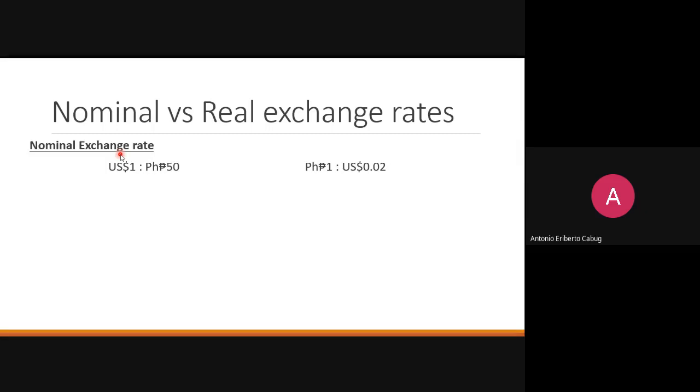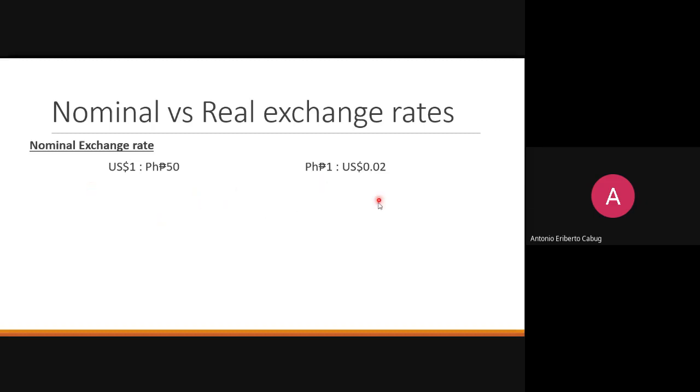So currency to currency, we call this the nominal exchange rate. $1, for example, is around 50 Philippine pesos. Now, if you put it the other way around, 1 Philippine peso is around 2 cents, 0.02 US dollars.